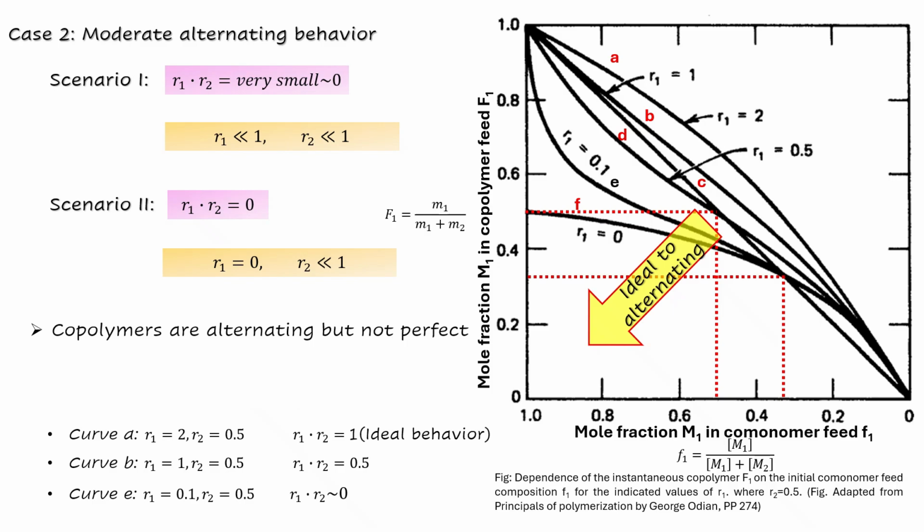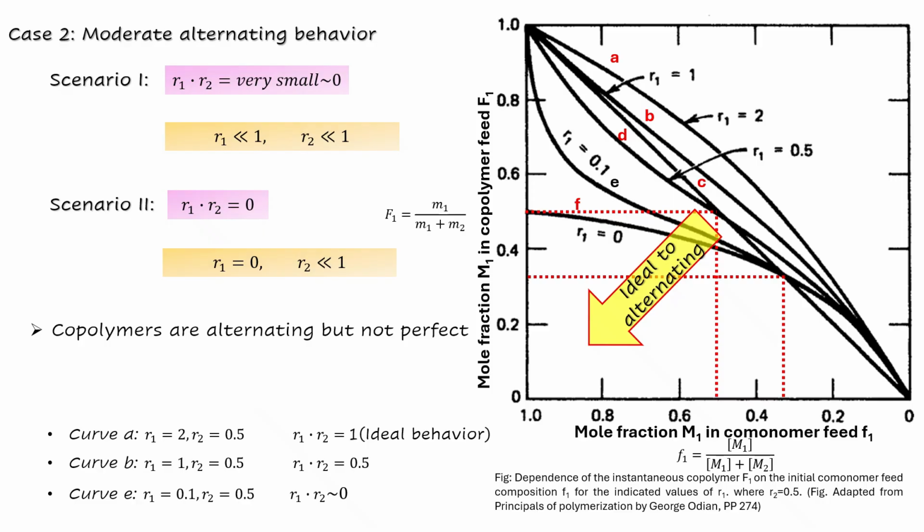Further, if we consider curve E, where R1 is equal to 0.1 and R2 is 0.5, the product R1 into R2 will be equal to 0.05 or roughly 0. So this copolymer will show a high tendency toward alternation.